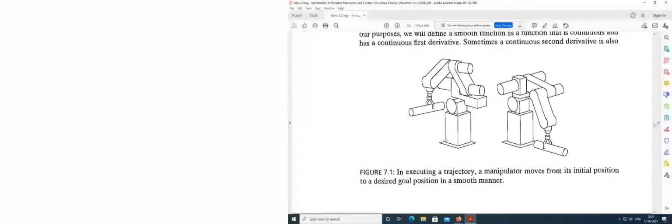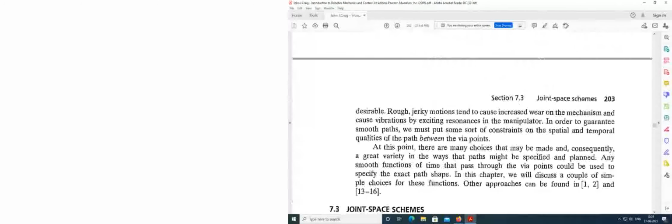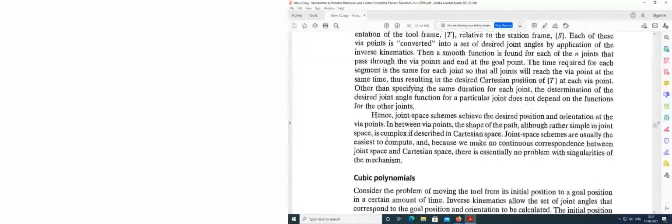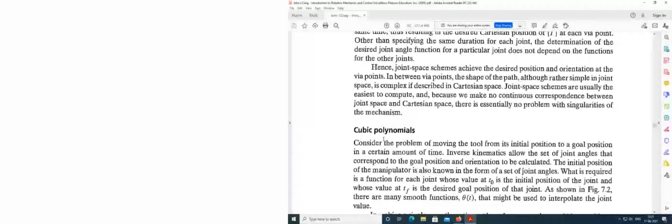So that's one thing we need to consider. And the first thing we are going to do is use a cubic polynomial, and using the cubic polynomial we are going to construct the trajectory path.